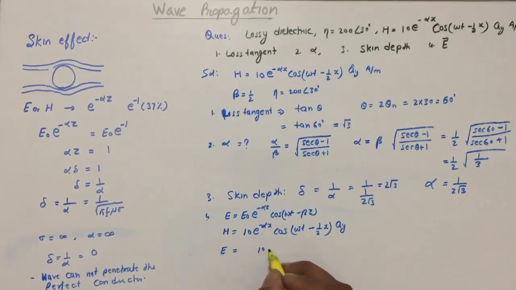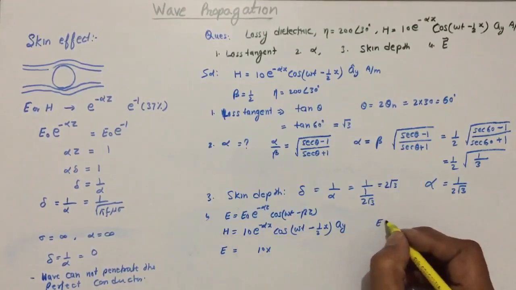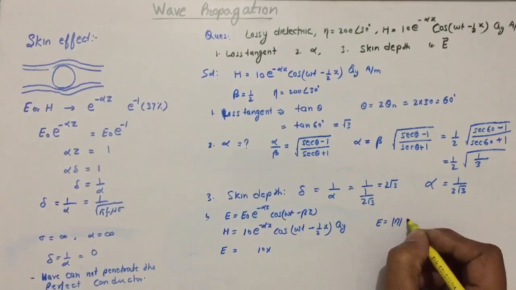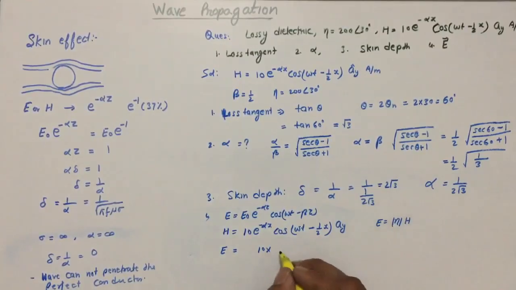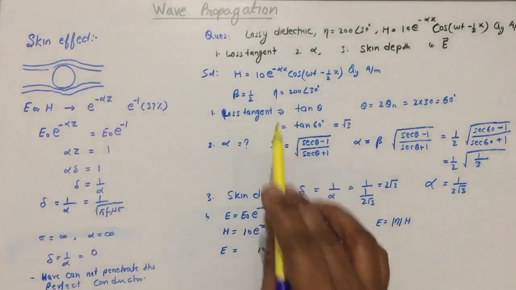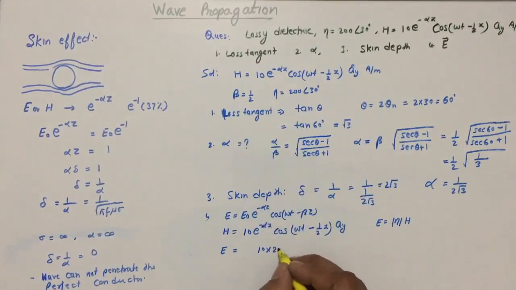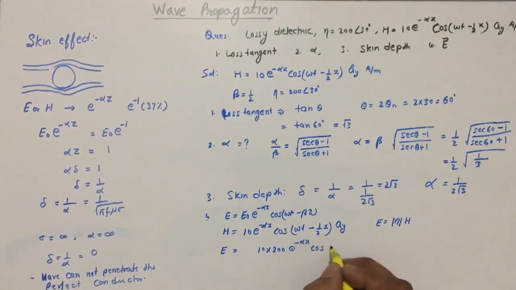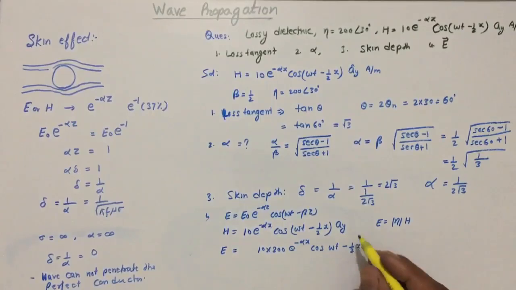E will be intrinsic impedance times H in magnitude. So the intrinsic impedance is 200, and the remaining terms will be almost the same as before, minus half x, and here one additional angle theta n will be added.